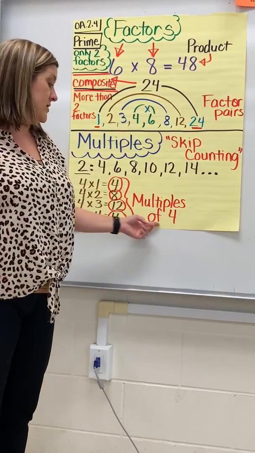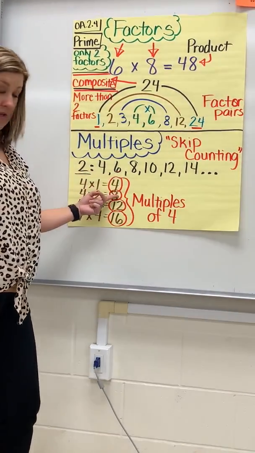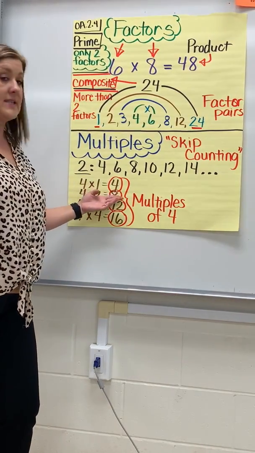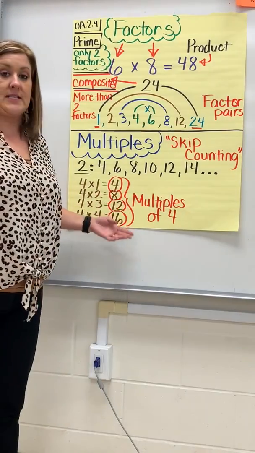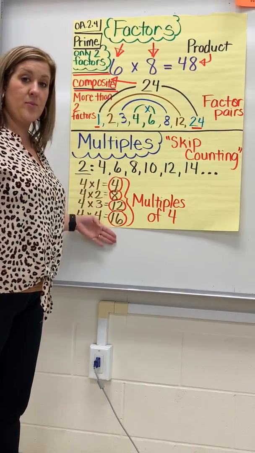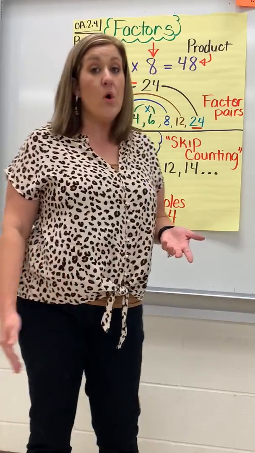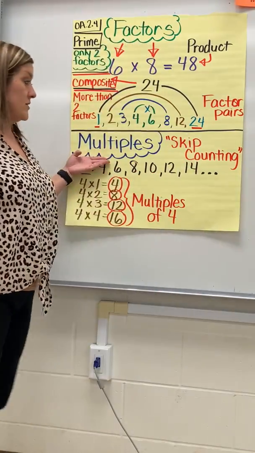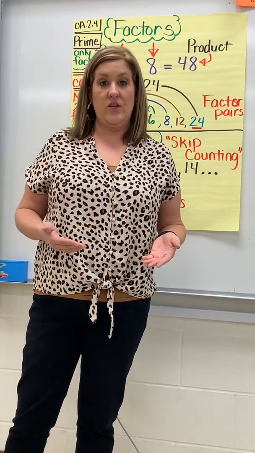If I want to find multiples of 4, I would do 4 times 1 equals 4, 4 times 2 is 8, 4 times 3 is 12, 4 times 4 is 16, and the answers, or the products, would be your multiples, okay? So skip counting is important to finding multiples, but also to being able to quickly solve multiplication facts.